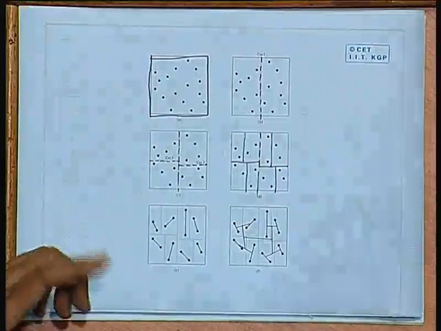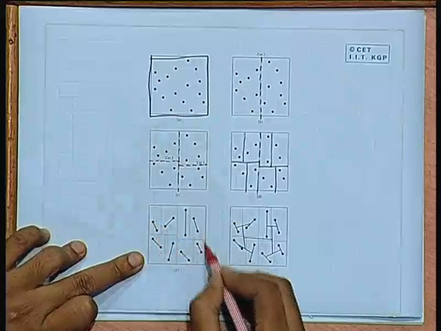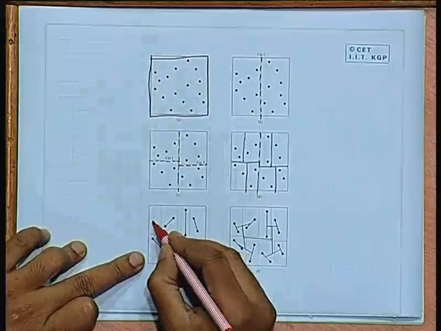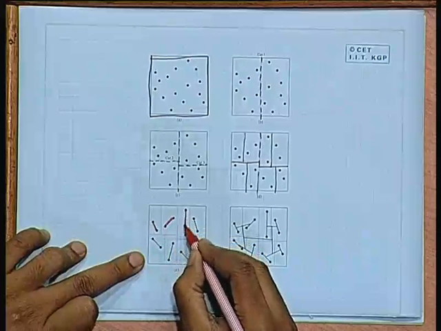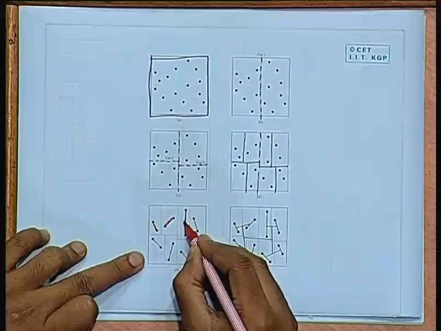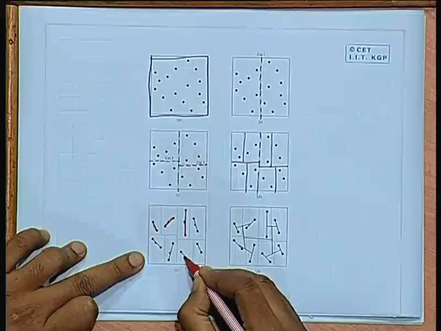See, now we have these individual line segments. With respect to each line segment, the center of the line segment will be the center of mass. So, the center of each line segment will be the corresponding center of mass.